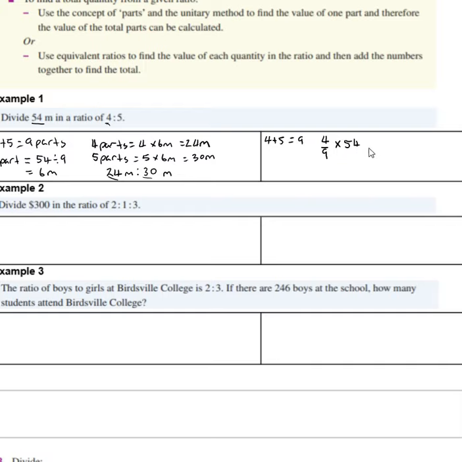You can do that on the calculator, do that in your head, but when you find 4/9 of 54, you will get 24 meters. The 5 represents 5/9. So we'll do 5/9 times 54, and that will give us 30 meters. So just like the first method, we'll get 24 meters to 30 meters.